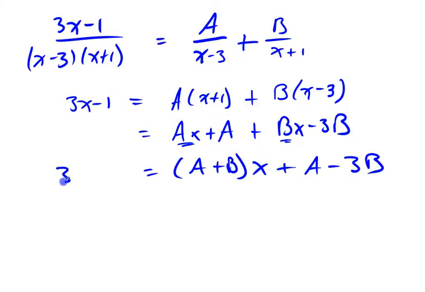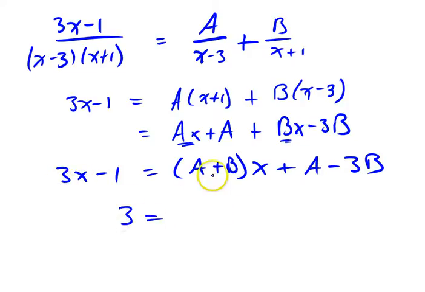So on both sides of this equal sign, I have linear functions in x. I have x to the first power times a constant plus another constant, x to the first power times a constant plus another constant. The only way that this linear function here could equal that linear function there is if the corresponding coefficients are the same. So for instance, on the left-hand side, the coefficient in front of the x is a 3.